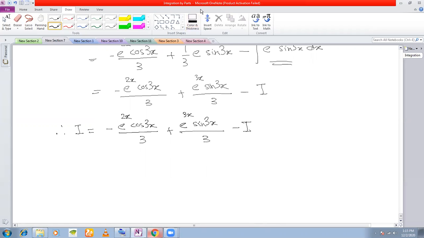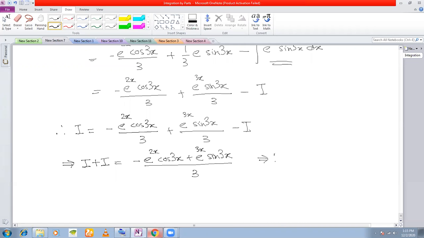That means we are getting I plus I is equal to minus e to the power of 2x cos 3x plus e to the power of 3x sine 3x, whole divided by 3.